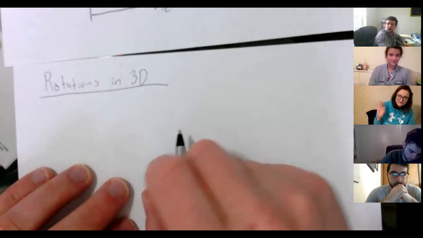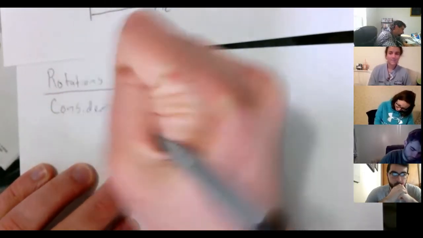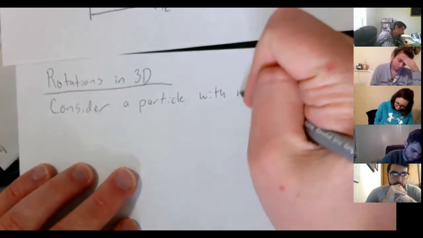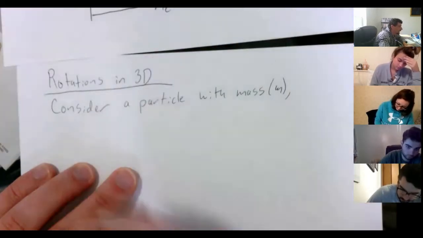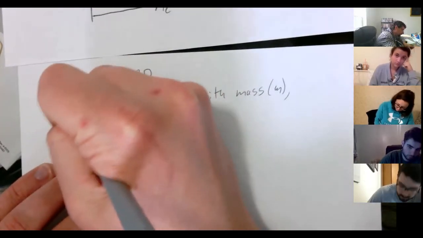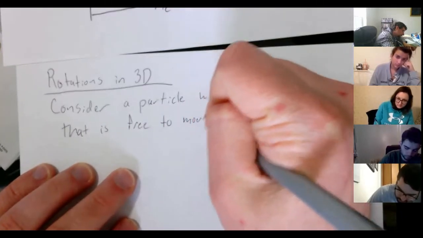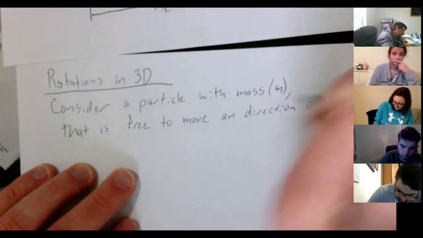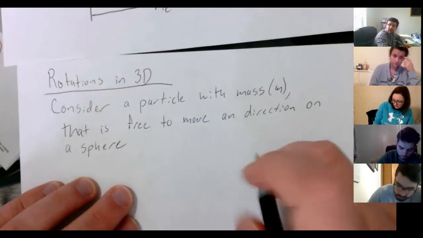Okay, so we're going to consider, again, a particle with mass m that is free to move in any direction on a sphere and that has a radius of r.